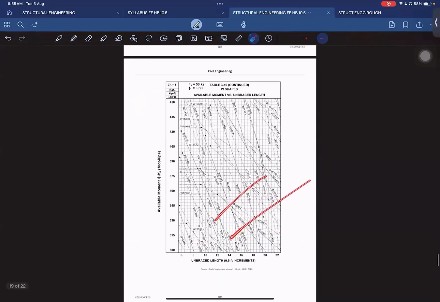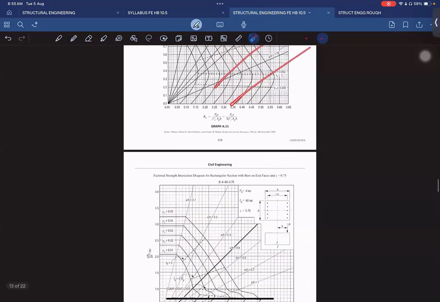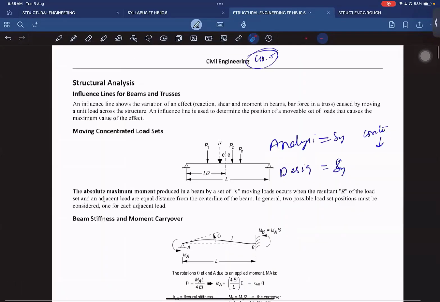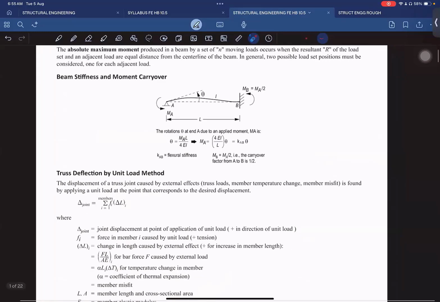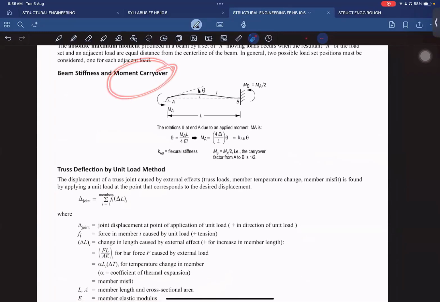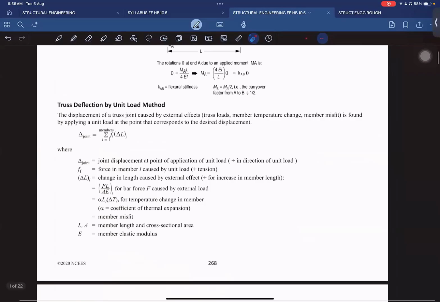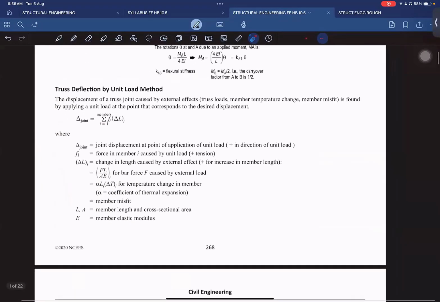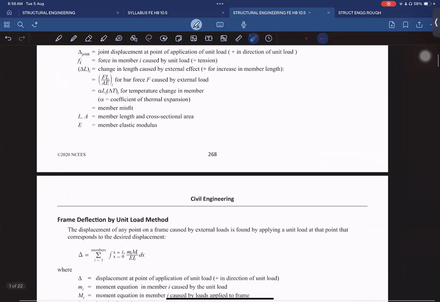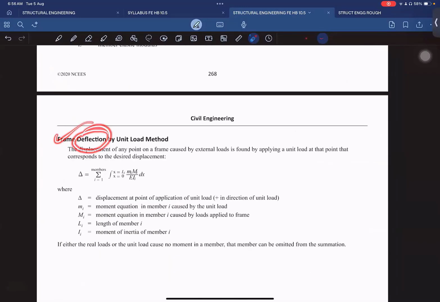And then if you see the topics clearly, they started the subject with influence line diagrams, which I have told you. And then they have explained something called beam stiffness and carryover moment, and so on. And then as I said, they have given some methodologies to find the deflection in trusses. And they have given some methodology to find deflection in frames.